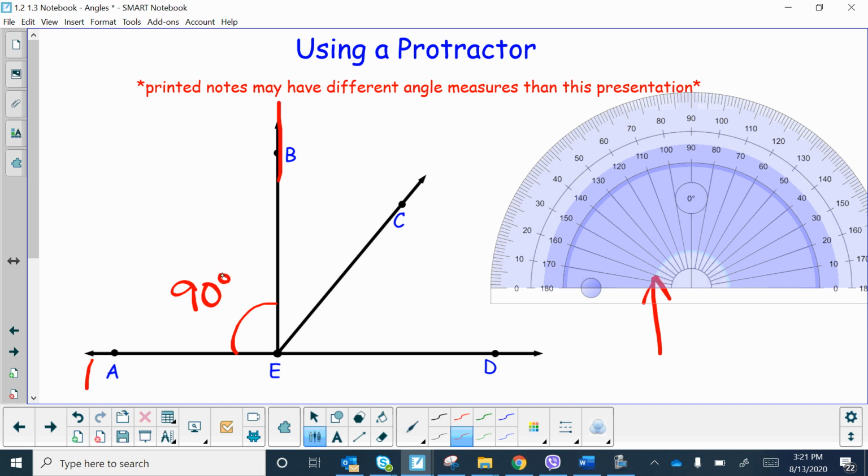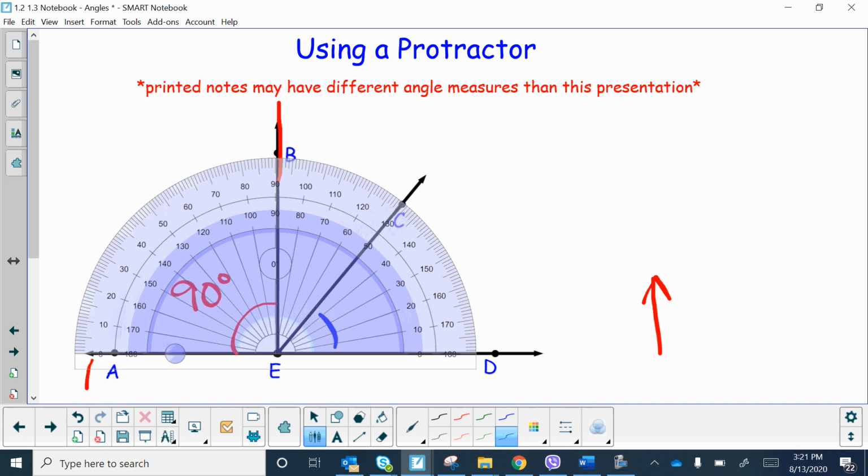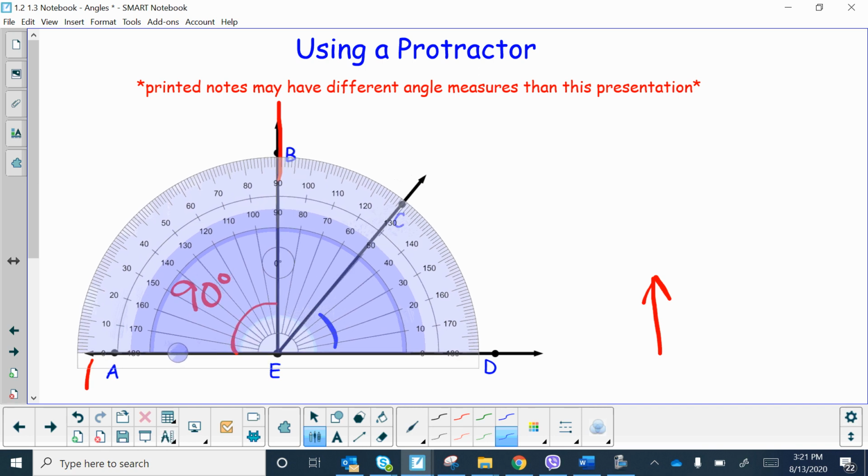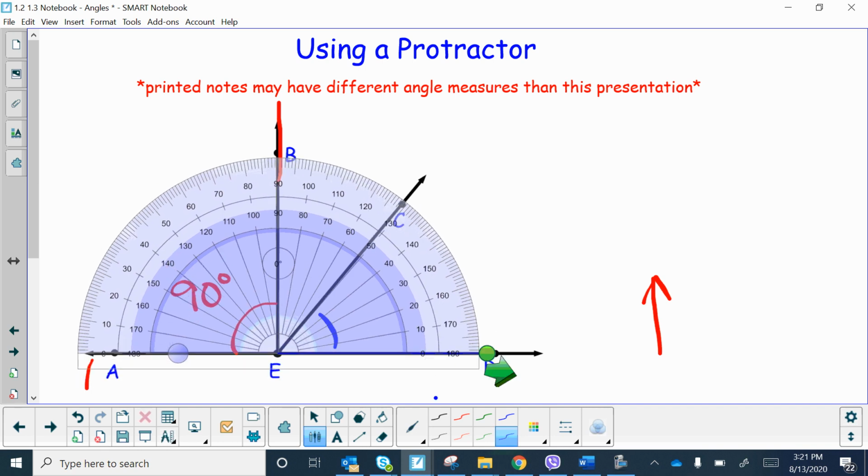Now, if I want to measure this angle over here that I marked in blue, what is the measure of that angle? You can still position the protractor the exact same way we just had it because there's a 0 on the other end of the protractor. There's the 0. Ray ED is on the 0.